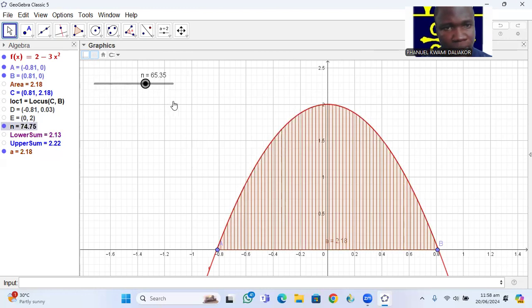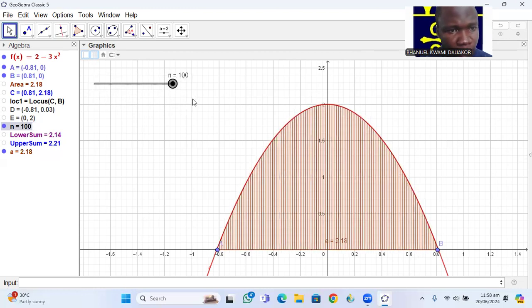So trapezoidal sum. When you add the upper and lower sum, let's add the upper and lower sum. I'm using the calculator. Then we have 2.14 plus 2.21 gives us what? 4.35 divided by 2 gives us what? 2.17, approximately 2.18.